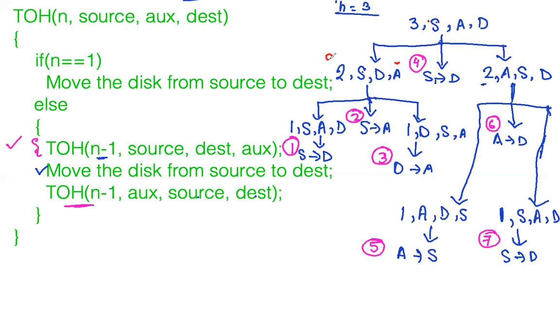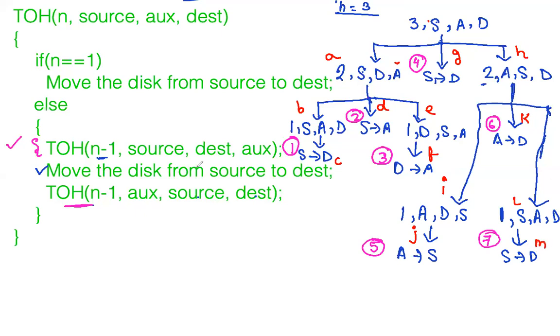So first this will come, then this will come, then this one, then this. After that it will be this, and then this. Once this part is over, then it will go back to this. Then it will be this, again this part, then this part, again it will go back to this, then this, and then this.